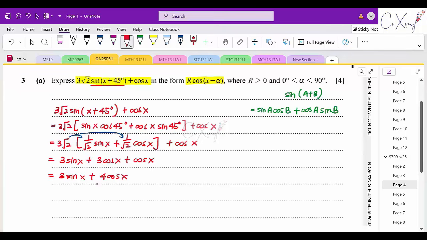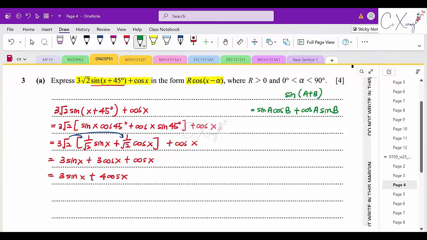Then what I want to do now is continue to simplify this particular term into this form. Alright, so let's recall how I can get the value for r and also alpha, and how I can rephrase them. If I want to simplify my term into r cos(x minus alpha), which is the cos, you need to make sure that your equation starts from a cos.